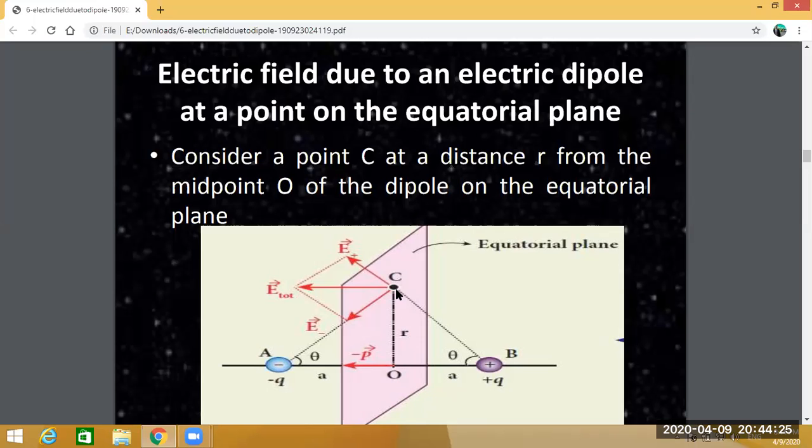O to C, an extended line beyond C, is the equatorial line, and this is the equatorial plane. Now, try to understand, consider a point C at a distance r from the center O of the dipole on the equatorial plane as shown in the figure.